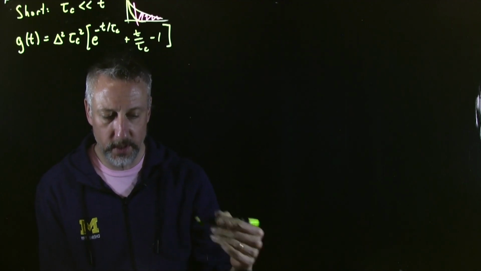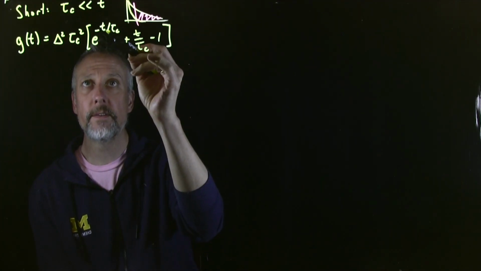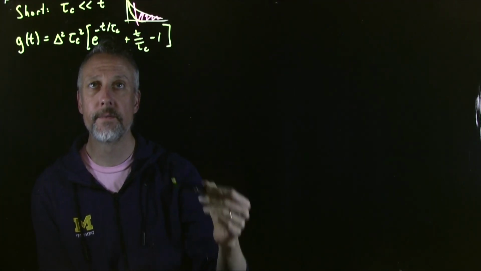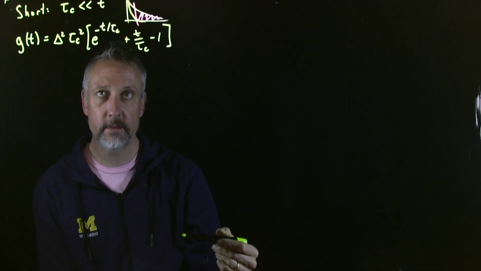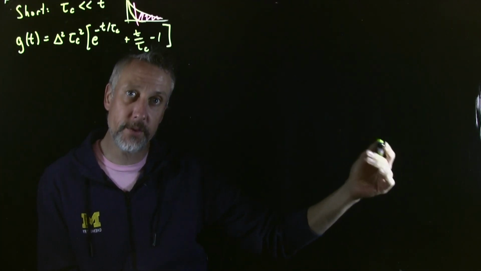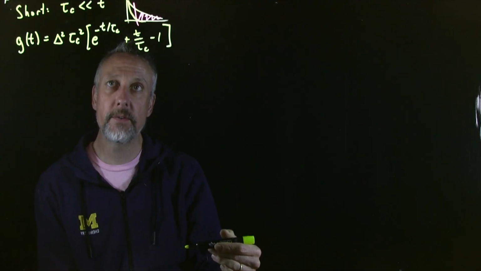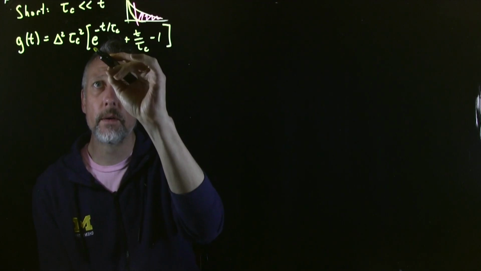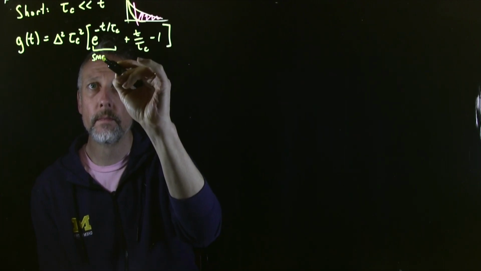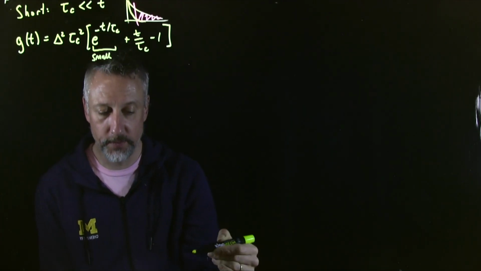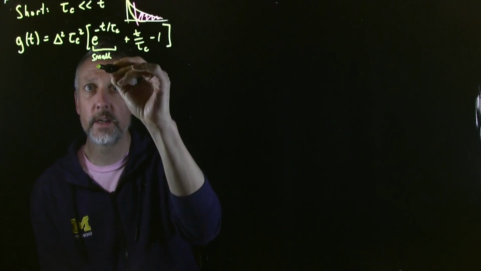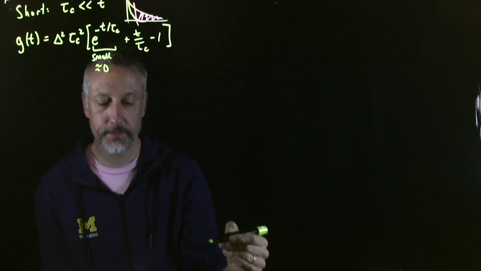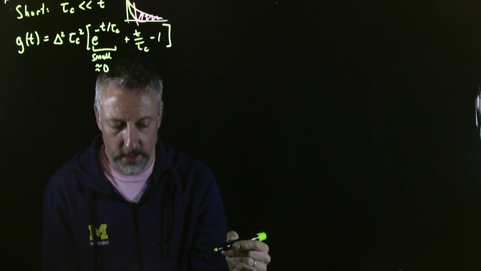Here we recognize that if tau c decays, we're looking way after tau c. That means the exponential should be really, really small. The whole term should be small. So we're just going to neglect this. Okay, so we neglect that.